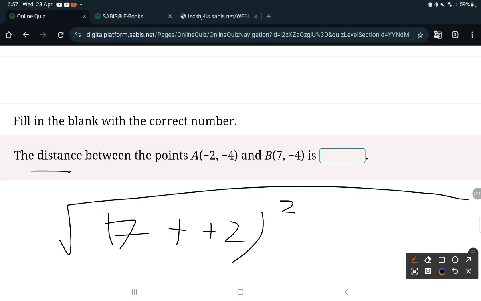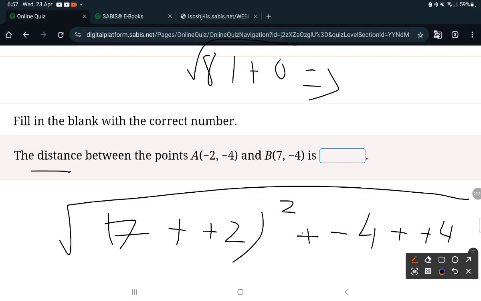So it's going to be 9 squared, which is 81. Let's write that up top over here. And then plus y2, which is minus 4, minus y1, which is also minus 4. Keep, change, opposite. Minus 4 plus 4 is 0. So 81 plus 0 is just going to be 81. And the radical of 81 is 9. So your answer is 9.